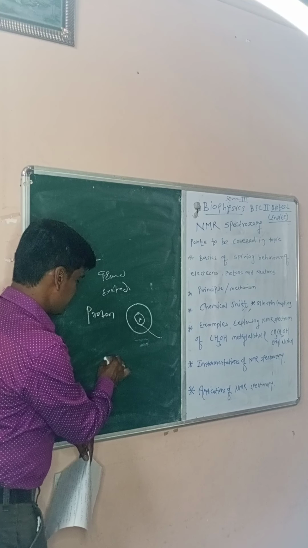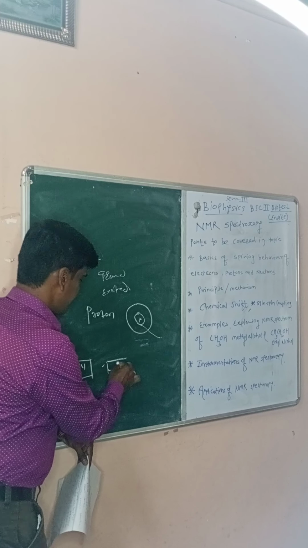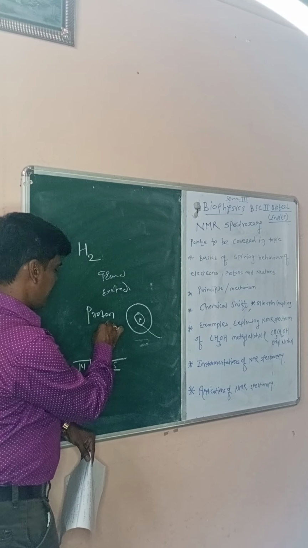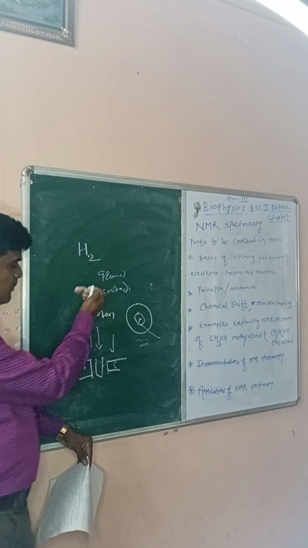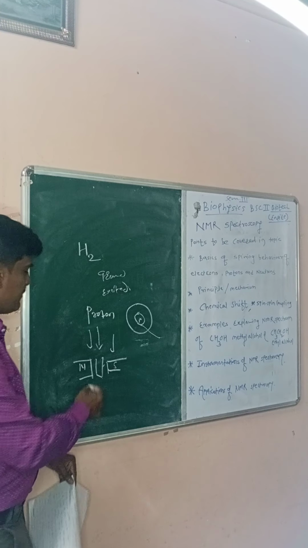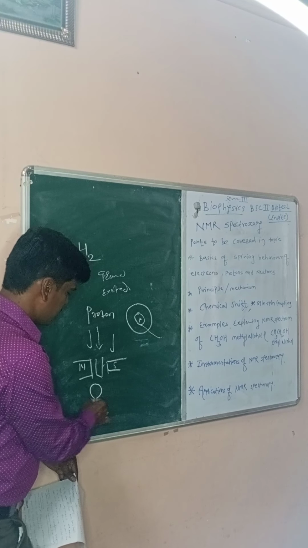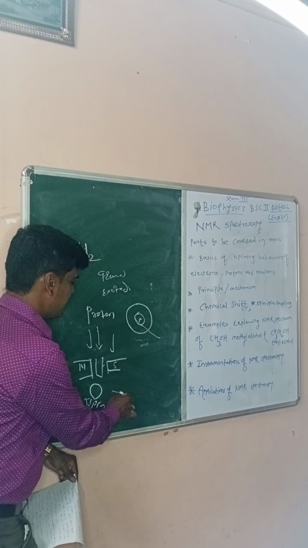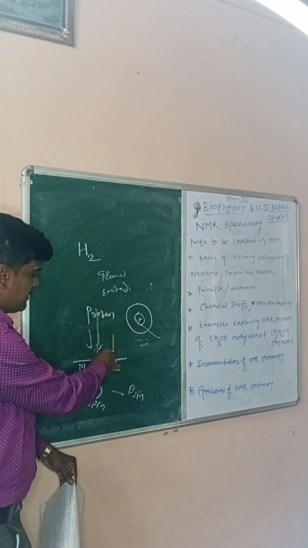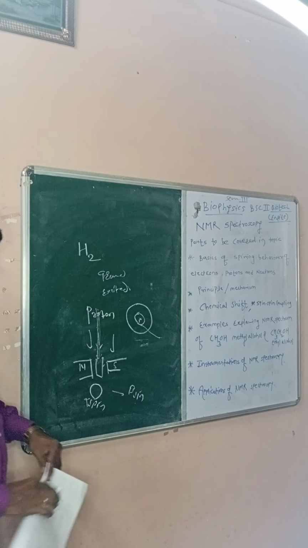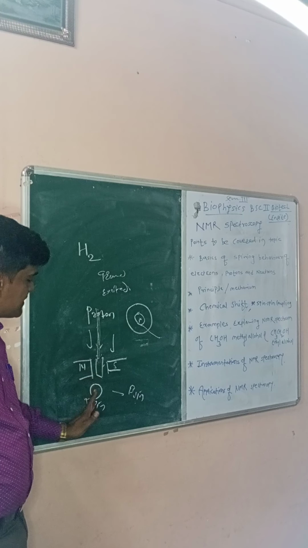So what is the general mechanism? If this is the magnetic field present and in between it the sample is present, and perpendicular to the magnetic field, from this direction, electromagnetic radiations are supplied. Initially, in the presence of the magnetic field, the proton containing compound shows the alpha spin, and this alpha spin then goes to the excited state, the beta spin, when extra electromagnetic radiation is supplied from the perpendicular direction; they change their motion.